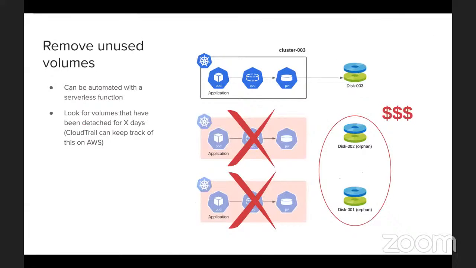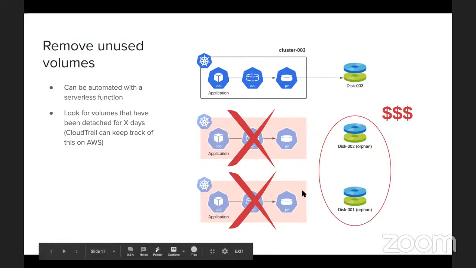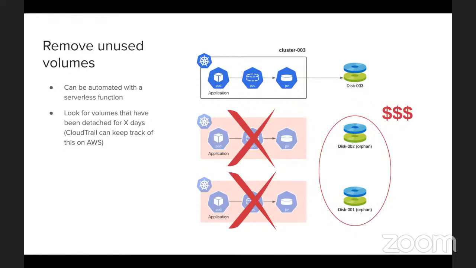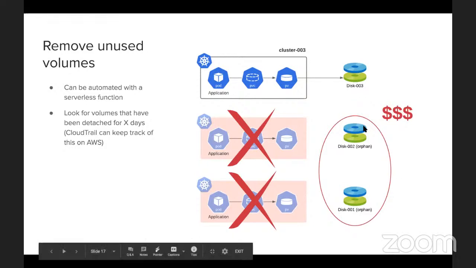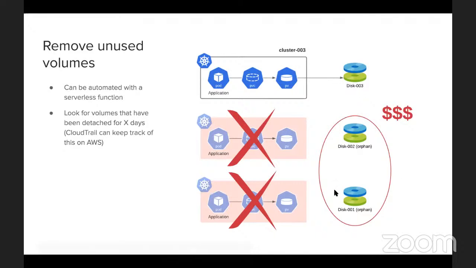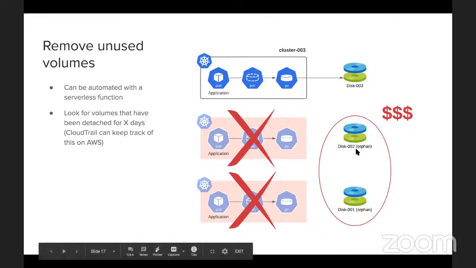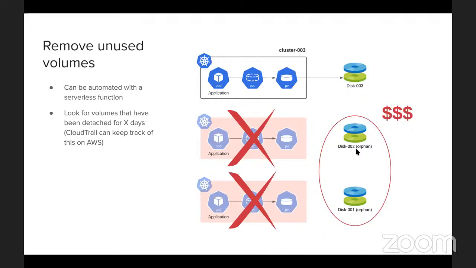This is definitely probably the lowest hanging fruit from my personal experience. In the cycle of development, you'll create a cluster, clean it up, new cluster, clean it up, new cluster, clean it up. Before you know it, you can wind up with a lot of orphaned resources. Load balancers could be included here as well, but disks are the thing that can really be a cash sink.